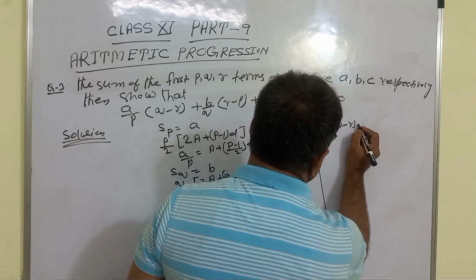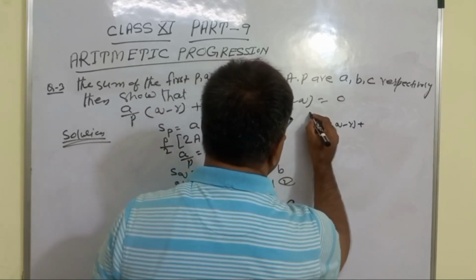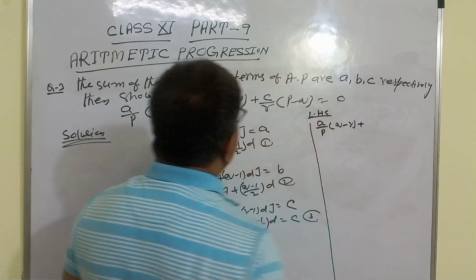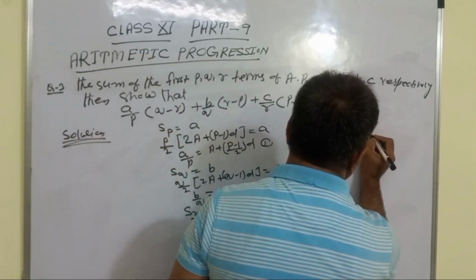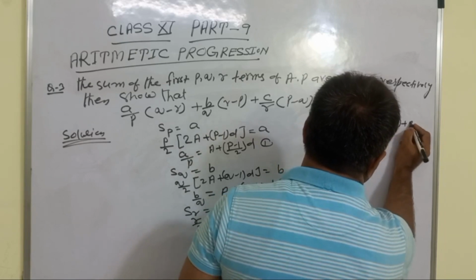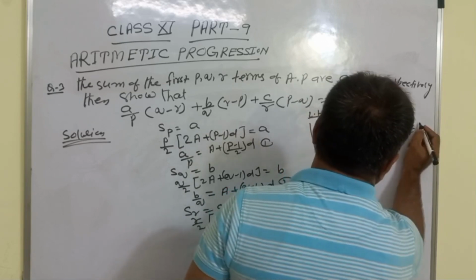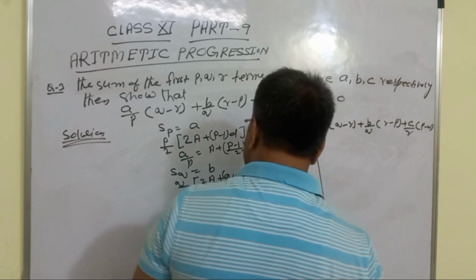So a by p into q minus r plus, this is the LHS, right? a by p into q minus r plus again this is b by q, and this is what? r minus p, and this is c by r, and into what? p minus q. So now you see this is a by p.